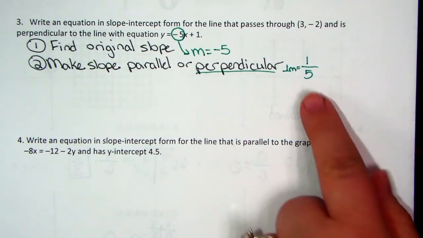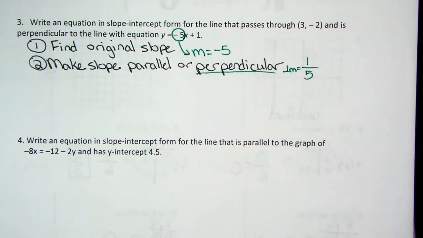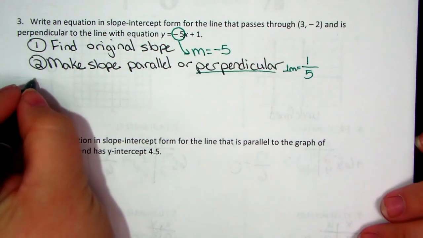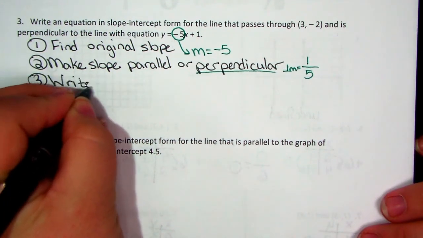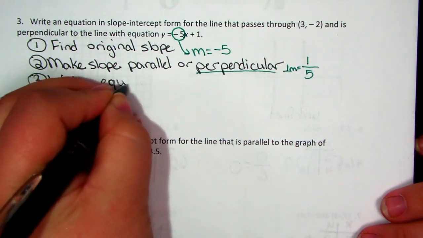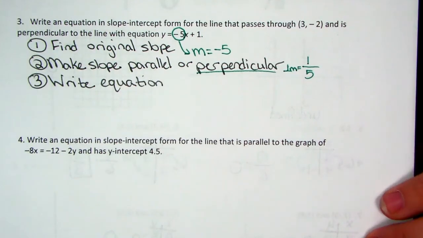This is the point I want it to go through. It's now exactly like what we just did on the previous page. So step 3 is to write your equation. So I have a point, I have a slope. I'm going to use point-slope form.